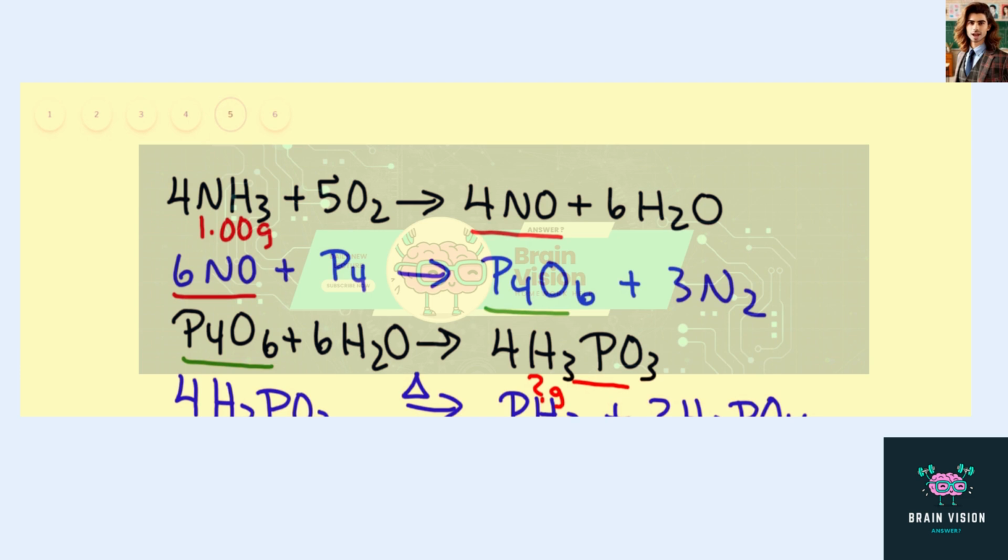Going back, we noticed that NH3 formed NO, and NO was used up. So we will use NO as our first ratio.